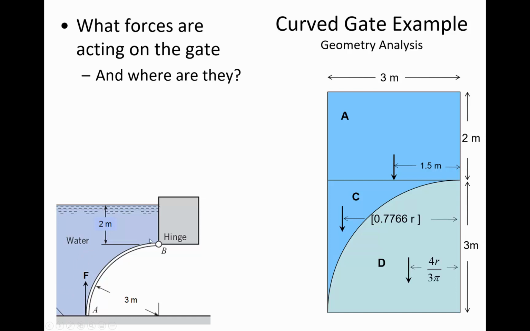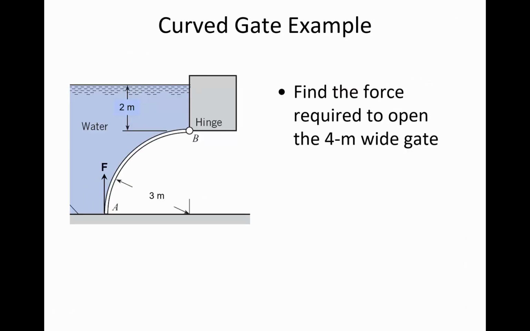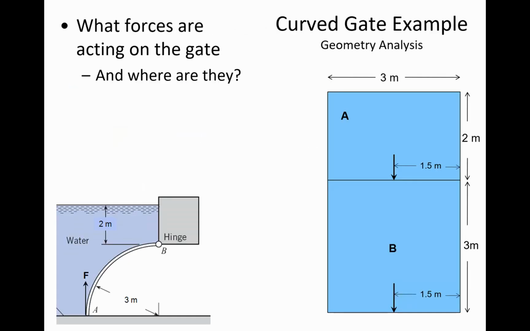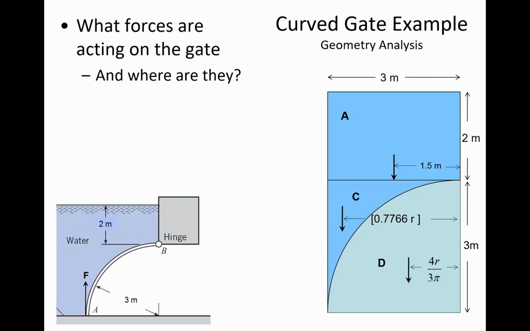The projection of this curved gate has what dimensions? Remember, it originally says it's 4 meters wide. I'll pause for a moment, and I'd like you to get the calculator humming. Calculate the magnitude of each force, the location of each, and also the magnitude and location for the horizontal force. The horizontal force comes from analyzing the vertical projection.